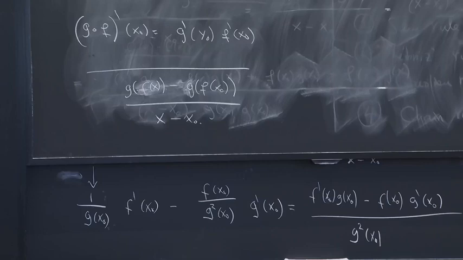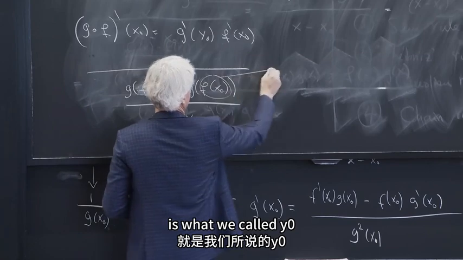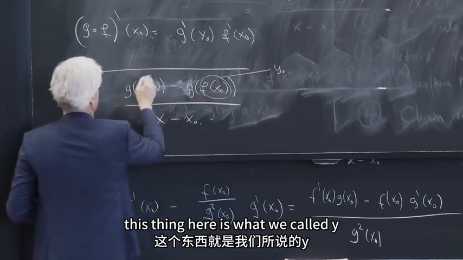This thing here is what we called y0, and this thing here is what we called y.